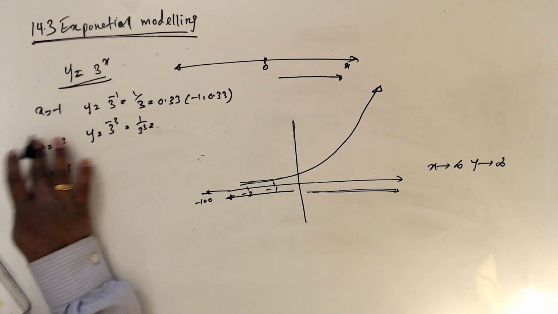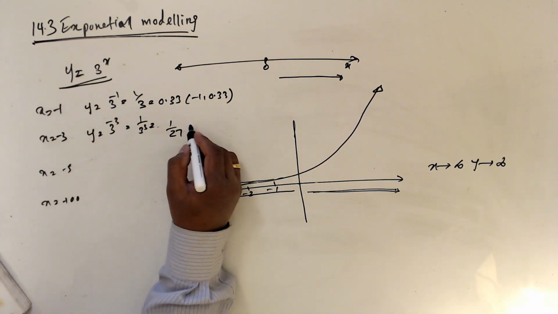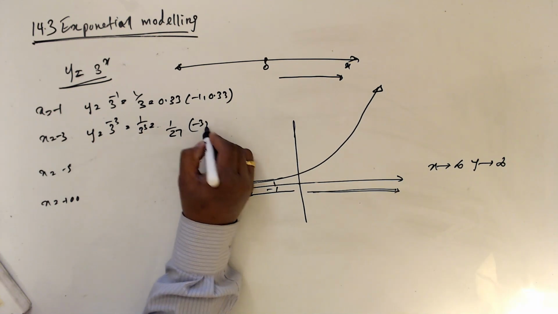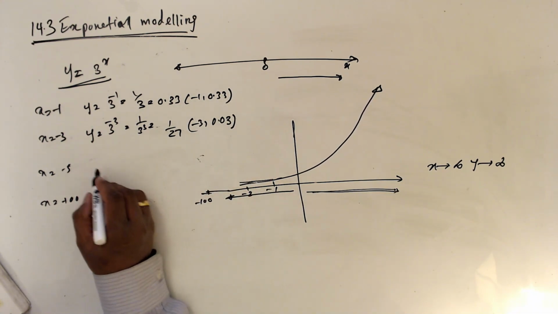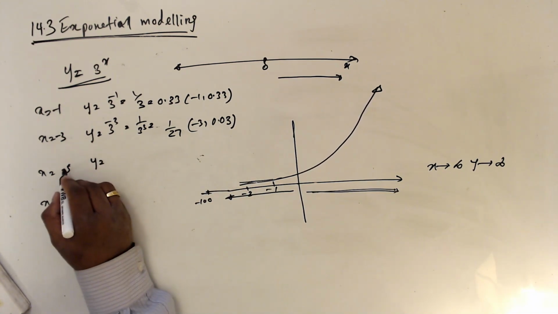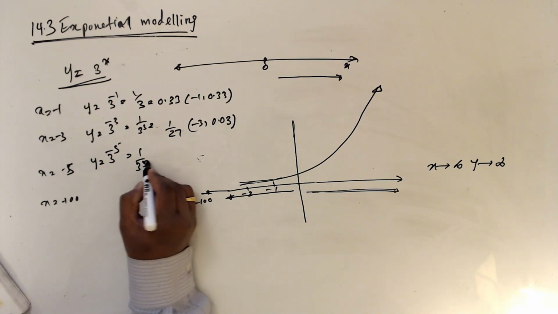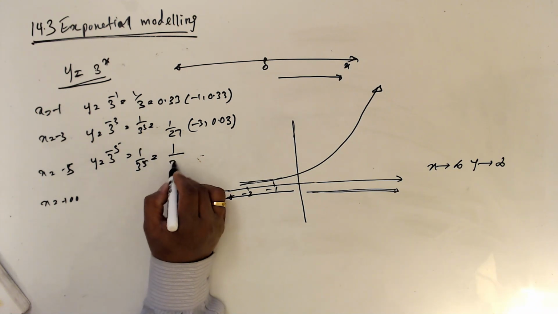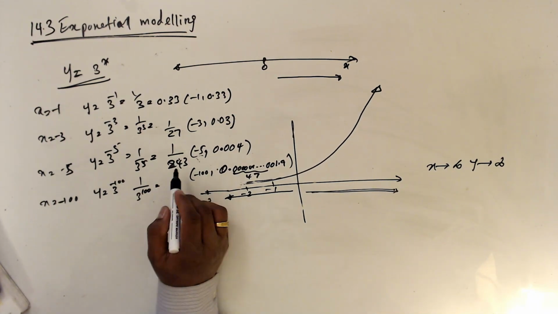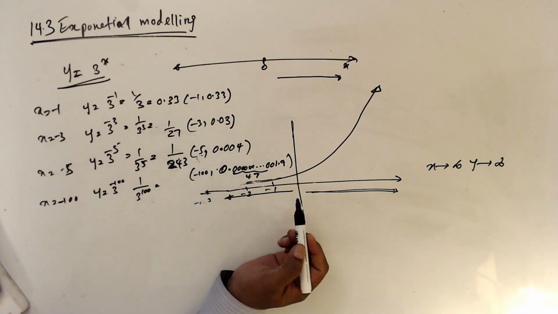So that is 1 over 27, about 0.03. When x equals minus 5, y equals 3 to the power minus 5, which is 1 over 3 to the power 5, that is 1 over 243.